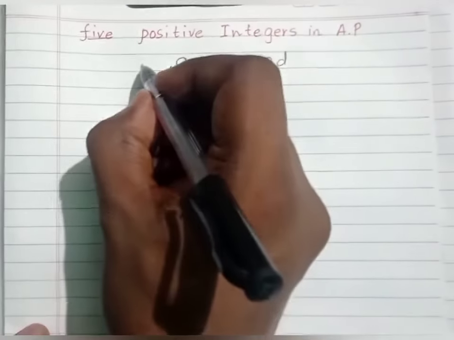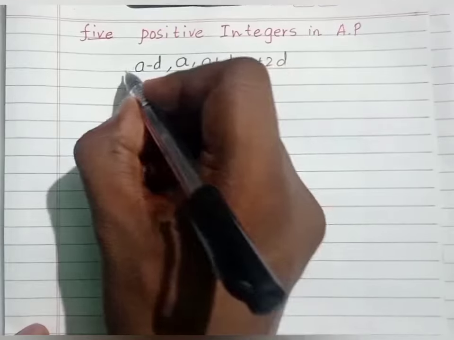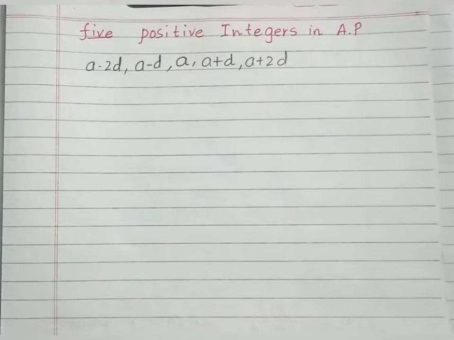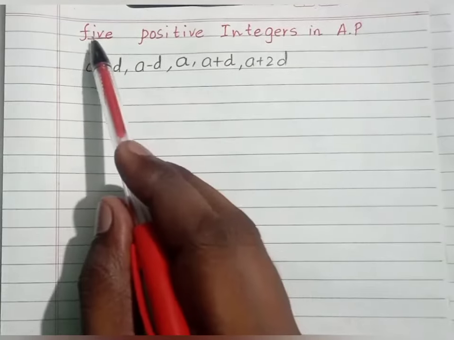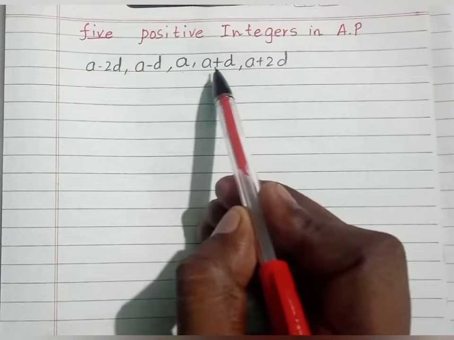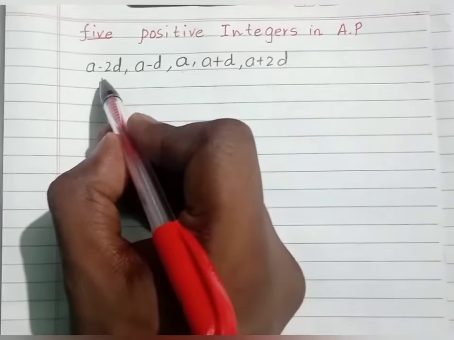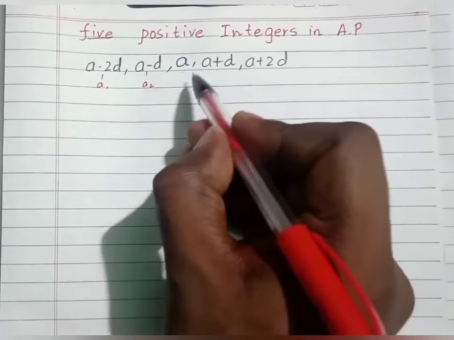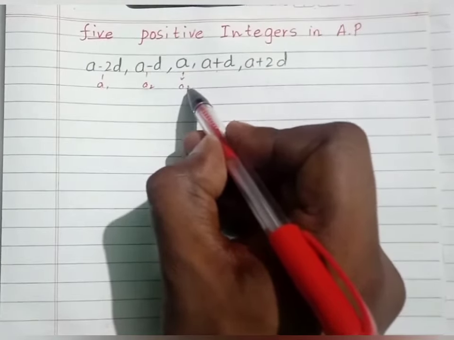On the left side, A minus D, then A minus 2D. Since we assume an odd number of integers, the middle term will always be A. So A1, A2, that is third term A3, fourth term A4, fifth term A5.